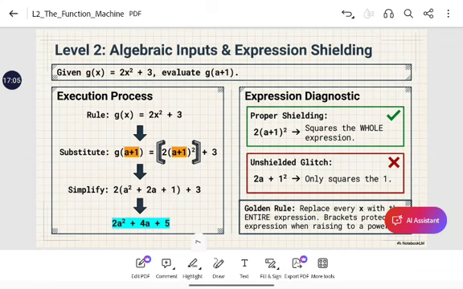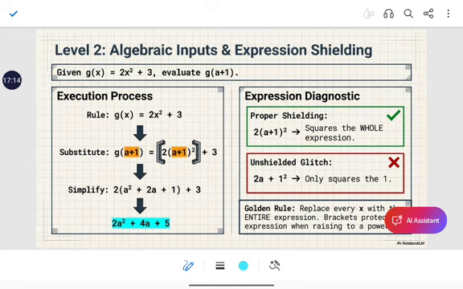All right. We see another one. Now, given that g of x is equal to 2x squared plus 3, evaluate g of a plus 1. Please identify the rule.